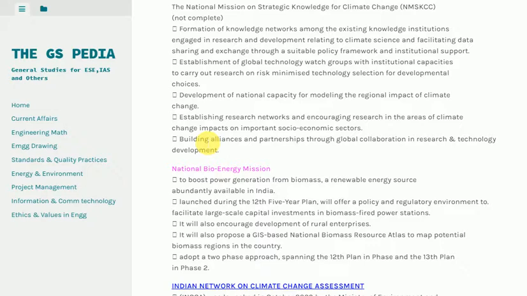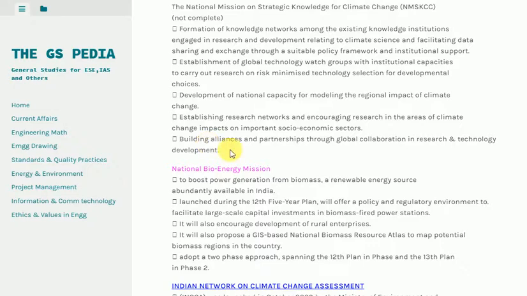To boost power generation from biomass, a renewable energy source abundantly available in India. Launched during the 12th Five-Year Plan, it will offer a policy and regulatory environment to facilitate large-scale capital investments in biomass-fired power stations.